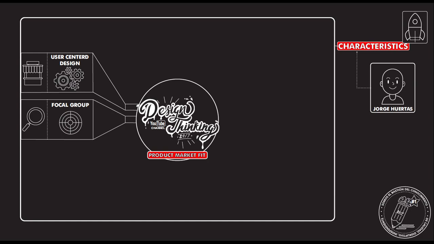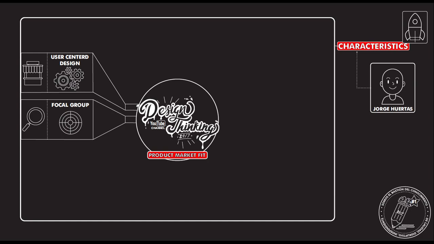How can you find the fit for your product? You need to make a focal group and you need to start testing and evaluating the different characteristics that they have: time, age, everything like that. It's very important because it will allow you to understand and have a different focus on what could fit for your product or service.